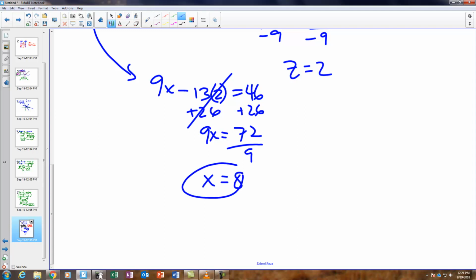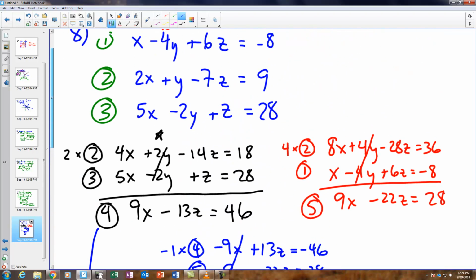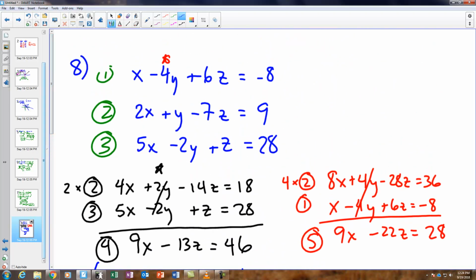So I have x is 8, I have z is 2, and here we go, I'm going to scroll up. Way back up here, I'm going to find the equation that has the simplest y, because that's what I'm still missing. I like this one. It's 2 times, we said x was 8, plus y, minus 7 times z, we said was 2. And we're supposed to get 9 from that.